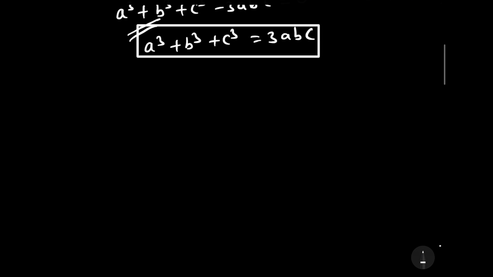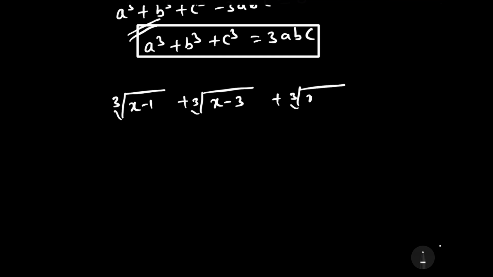Our question is: the cube root of x minus 1 plus the cube root of x minus 3 plus the cube root of x minus 5 is equal to 0.